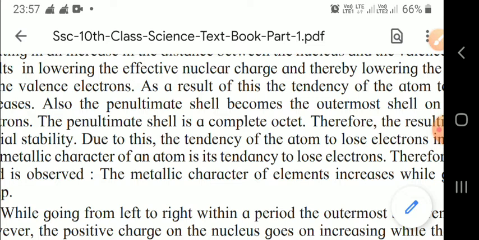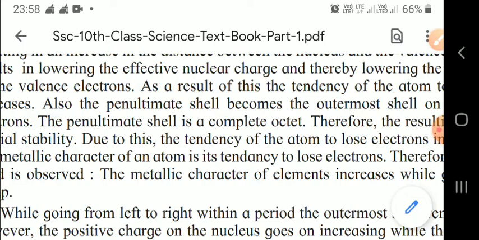So we can see here two factors, the increasing nuclear charge and the decreasing atomic radius, which will be there if we go from left to right within a period. These two factors are responsible for increasing the effective nuclear charge.